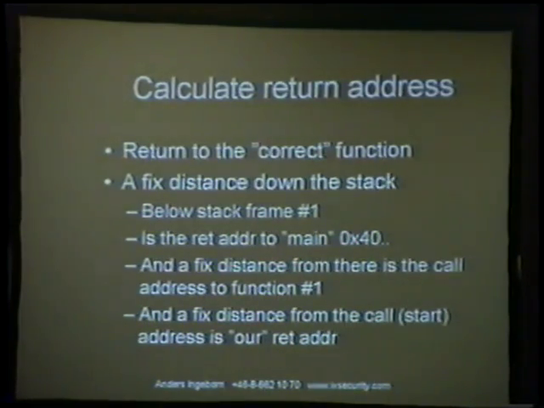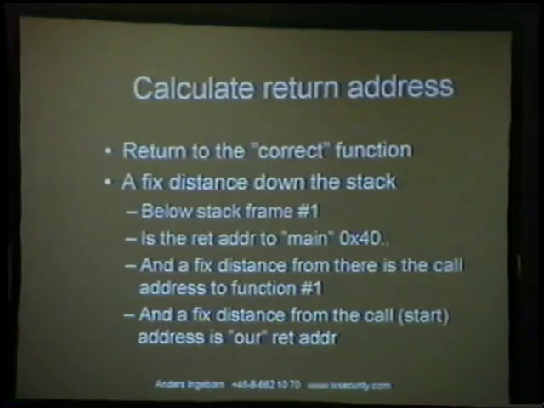Otherwise, if the attacker doesn't want to cheat, but does want to calculate the very correct return address, he can follow the execution path in reverse manually. If you look at the stack memory, below the stack frame of the first function in my example, the attacker will find the return address back to the main function.